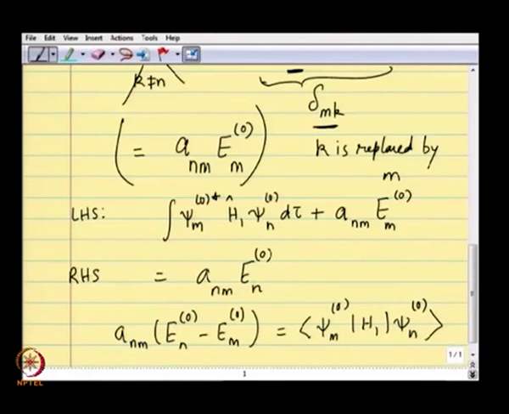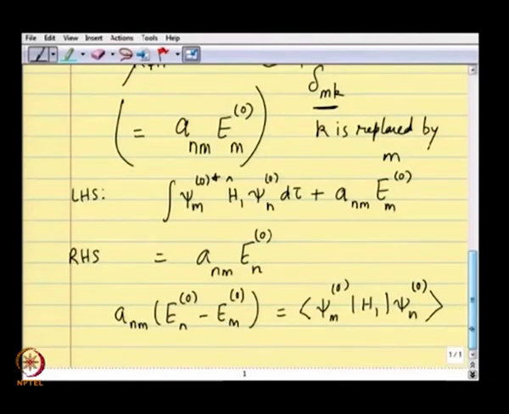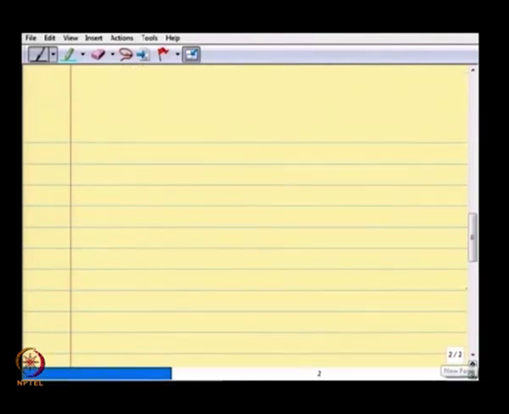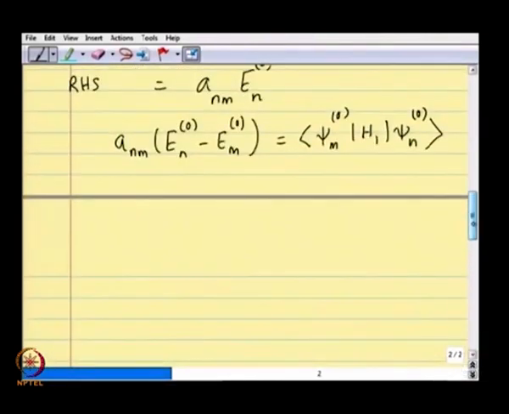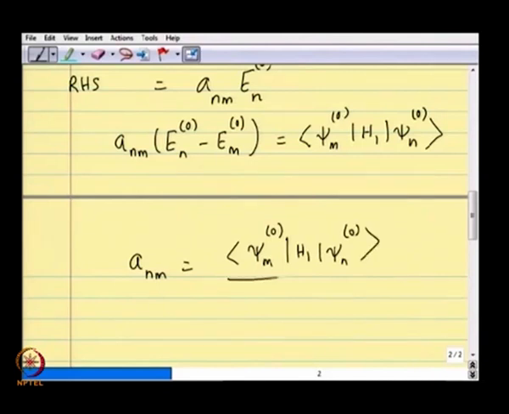So we have obtained the value for the coefficient, and of course the next step is to write explicitly a n m is equal to the integral psi m 0 h1 psi n 0 divided by e n 0 minus e m 0.